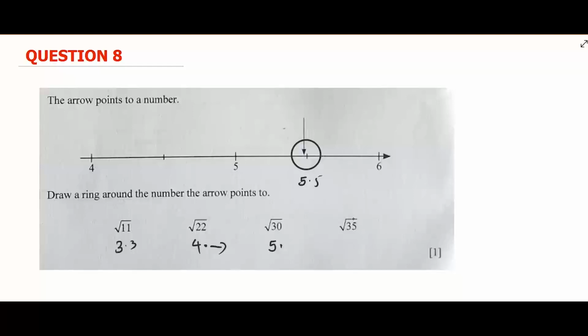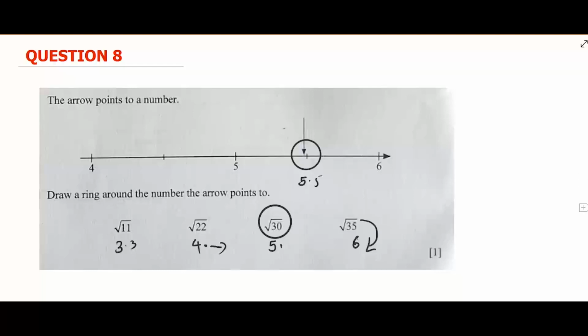And root 35 is very close to root 36, which is 6 times 6, so this is very close to 6. So root 35 is very close to 6. So the correct answer here is root 30, because root 30 is very close to 5.5. So I'm going to circle this. This will be my answer.